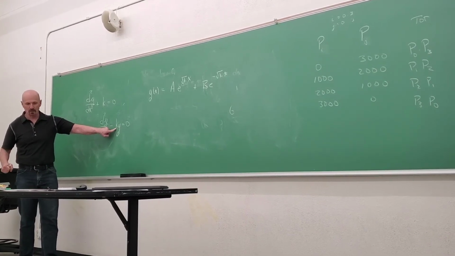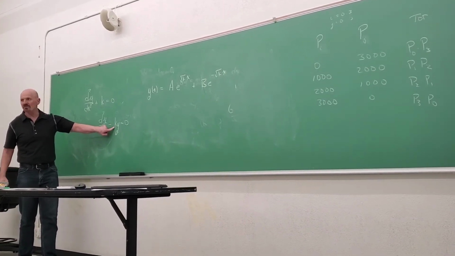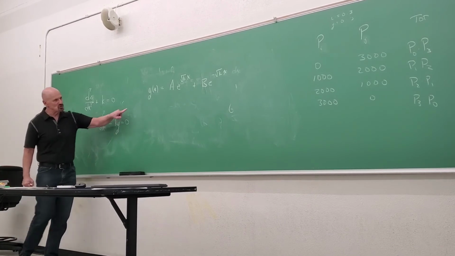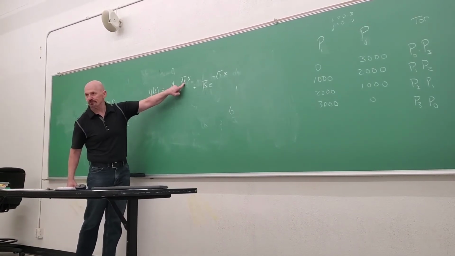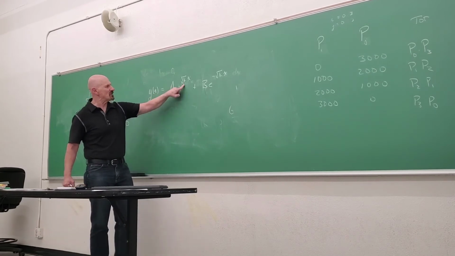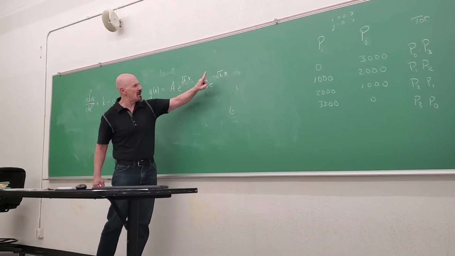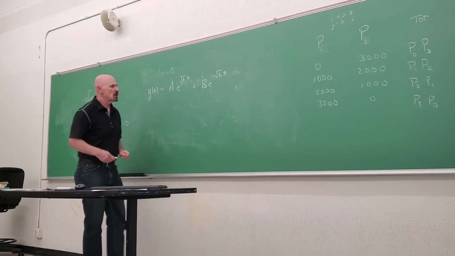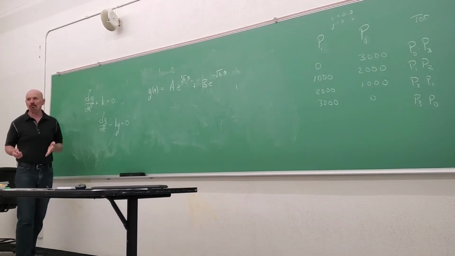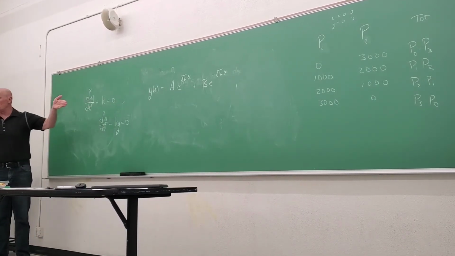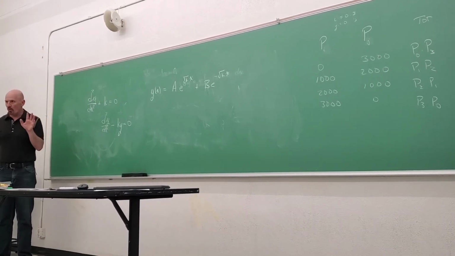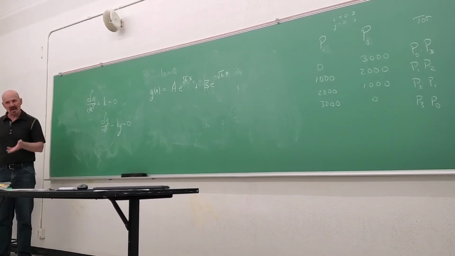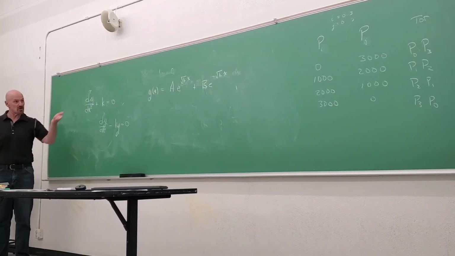If this is a positive constant, the solution is this, where the constant ends up in a square root. So we have a positive square root of k times x and a negative square root of k times x. This a and b are the equivalent of the constants of integration. Those are the undetermined coefficients. And again, once we establish initial conditions or boundary conditions, we will be able to determine what those are.